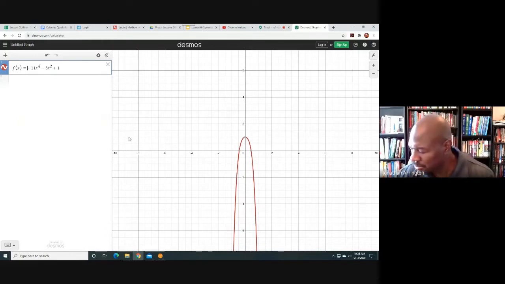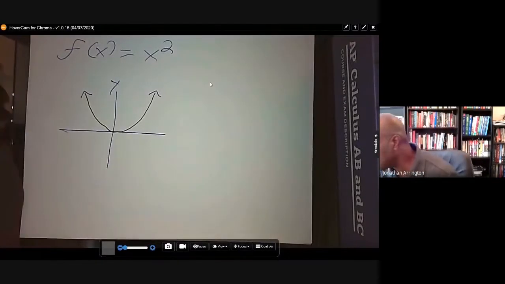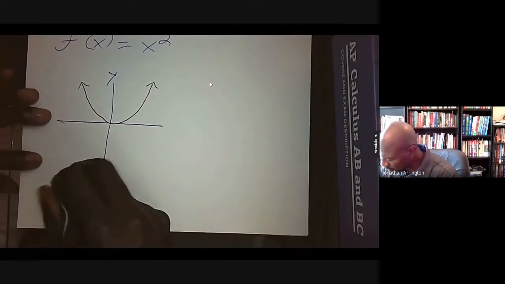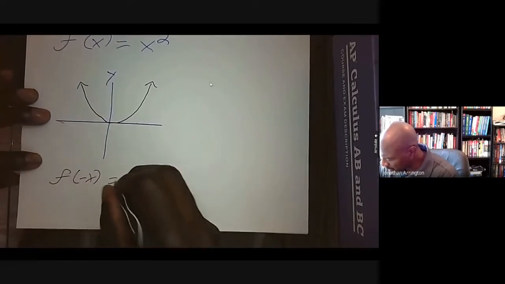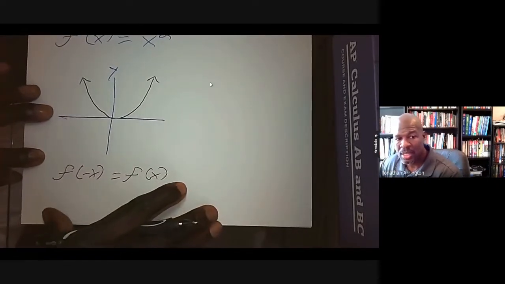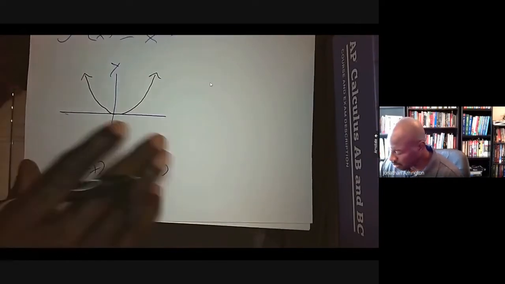So there are some functions where, right now with your knowledge base, you can do this test of f of negative x equals f of x. Right now you can do that test with polynomial functions, and maybe some other functions, but with others you're unable to do that.